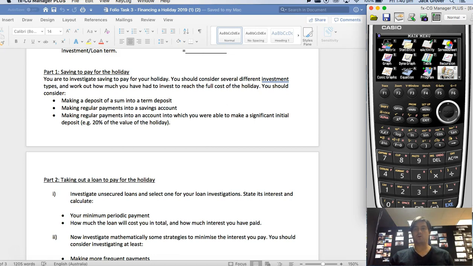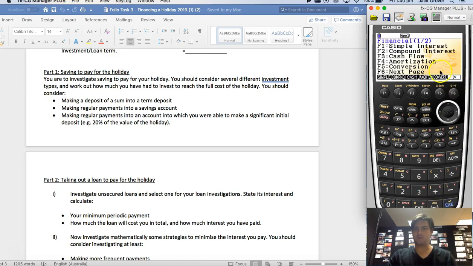If you're using your own graphics calculator, it might look a little bit different, and your program is going to be called TVM or TVM Solver, but it should be in the same position. If we go into financial on this one, or TVM if you're using a different calculator, and go into compound interest, you should be greeted with a screen that looks like this.